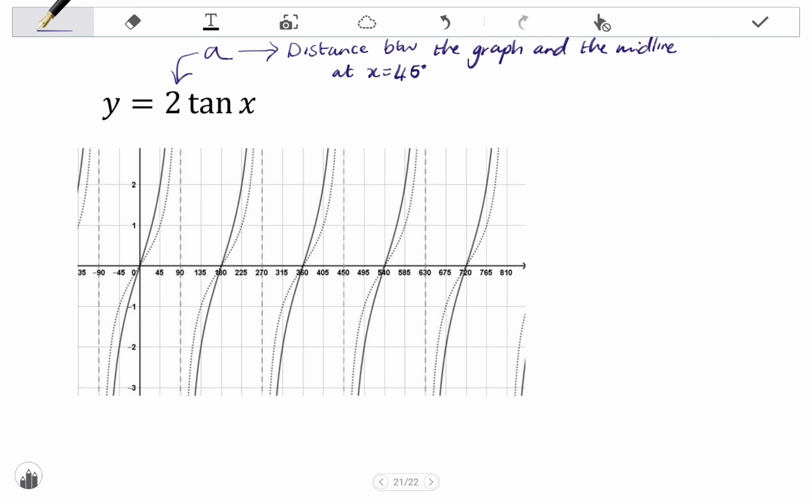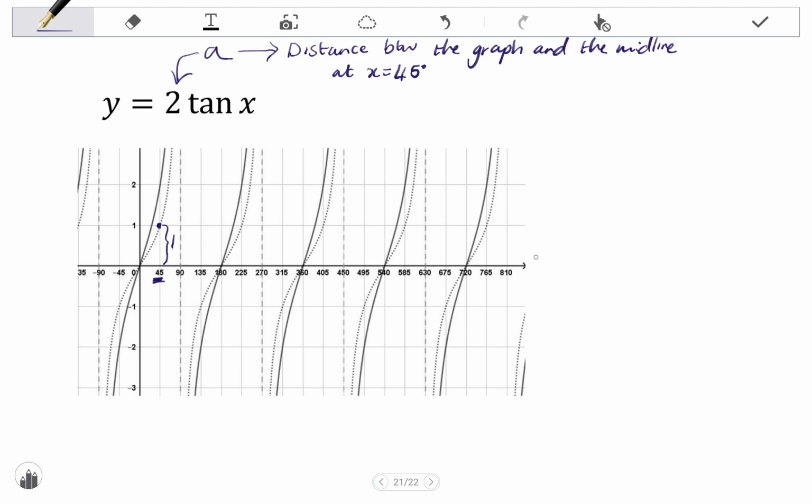Again, the dotted graph is my original tan x graph, and we see that the original tan x graph at 45 degrees has a distance of 1. So for that tan x graph, the a value is 1.